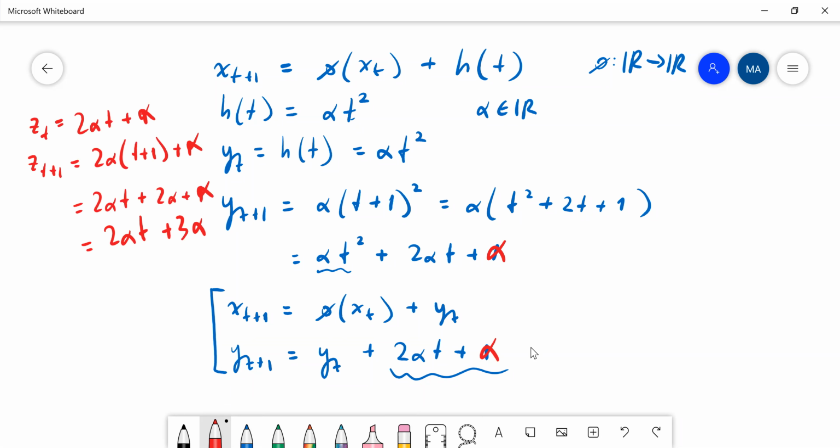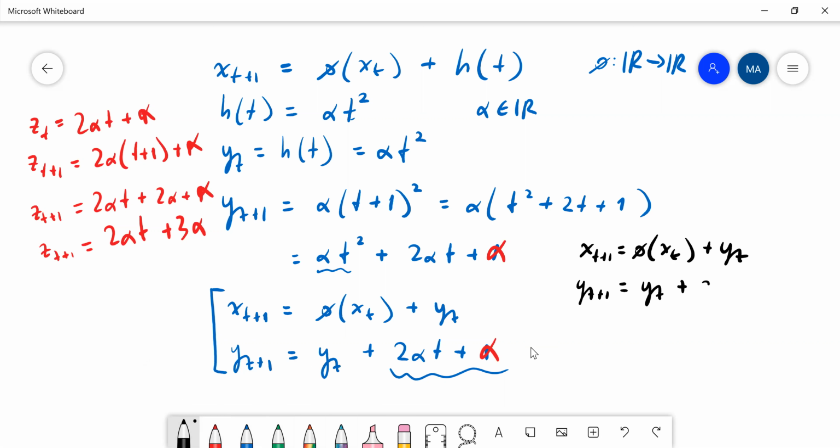Okay? Now the system becomes, be careful. So this is z_{t+1}, z_{t+1}, right? So our system becomes, let's change colors, x_{t+1} equals phi of x_t plus y_t, y_{t+1} equals y_t plus z_t, right?